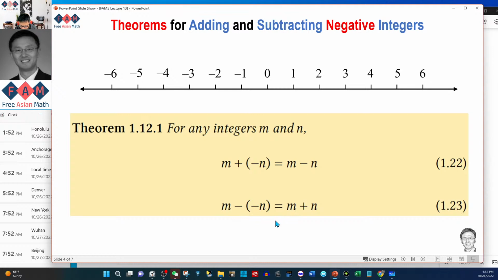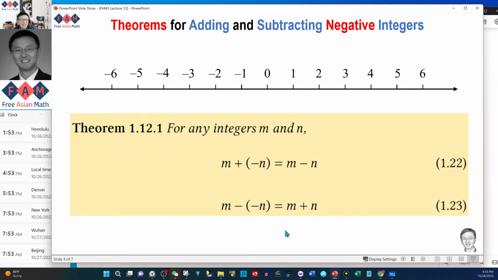The next subpart is if you subtract the negation of an integer, m subtracting negative n. Well, we should say the negation of n because we don't know whether n is positive or negative.